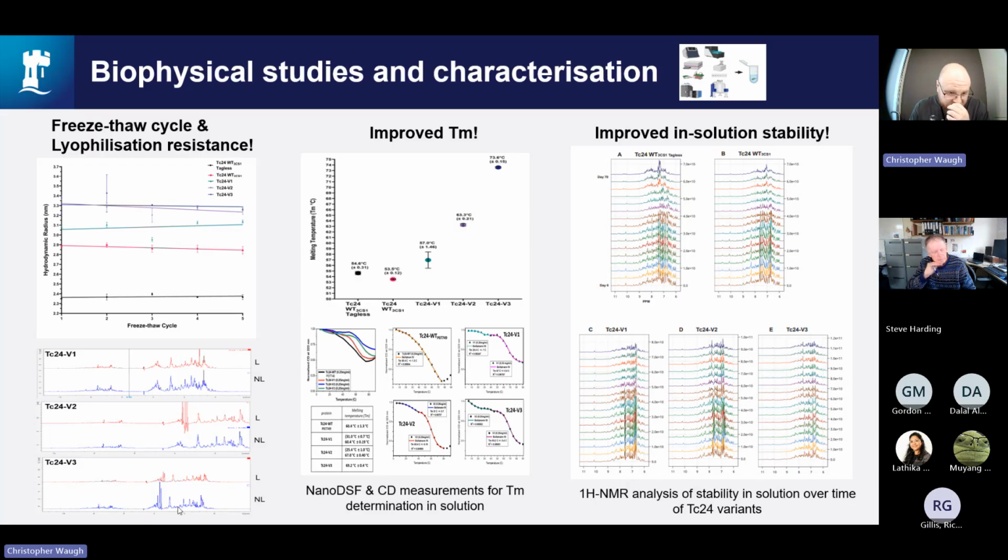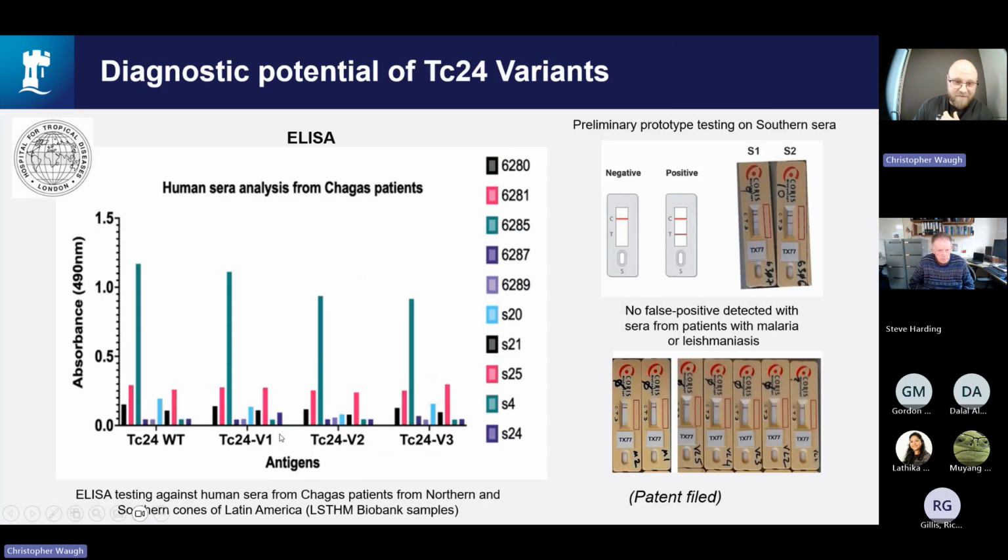And the fingerprinting, non-lyophilized and lyophilized, matches quite nicely once these were resuspended and run under 1D NMR. So it looks for now like they are the same. Do you see what I mean? This is preliminary and needs expanding on, but the traces look very similar. It suggests that they are retaining most of their structure in the solution, which is really nice. I'm very excited about that.